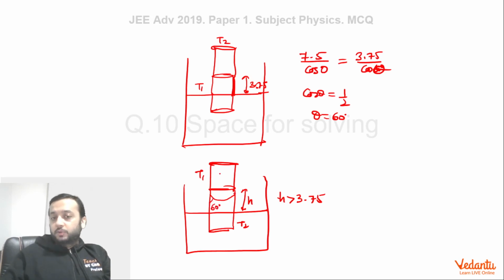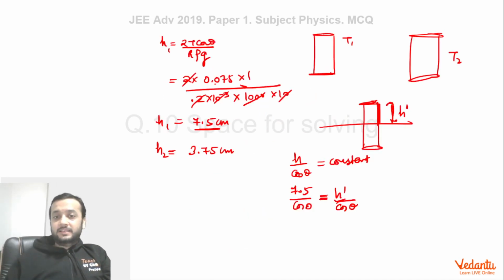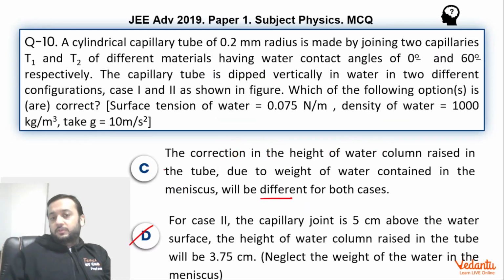Now you can see in both the cases the angle of contact has become 60 degrees, and hence we can say that the amount of water present in the meniscus will be the same. Therefore the correction will also come out to be the same. So in this one particular case, this thing will become wrong. The option C will become wrong. In general, definitely it is right, but in one special case this will be wrong.